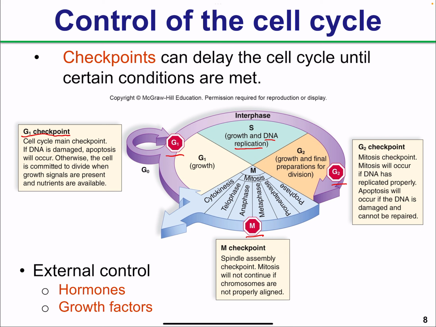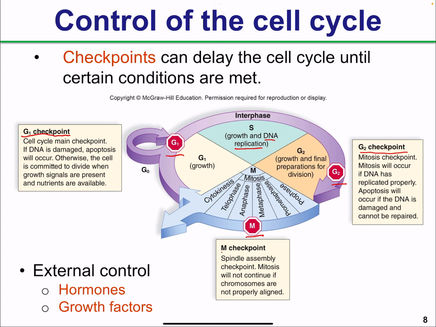So this is the G2 checkpoint, which prepares the cell to enter confidently in the M phase, or else that cell is going to undergo apoptosis. What can cause this? For instance, DNA was replicated, but there were a bunch of mistakes, the kind of mistakes that are actually compromising integrity of the cell. Therefore, that cell has to undergo apoptosis.